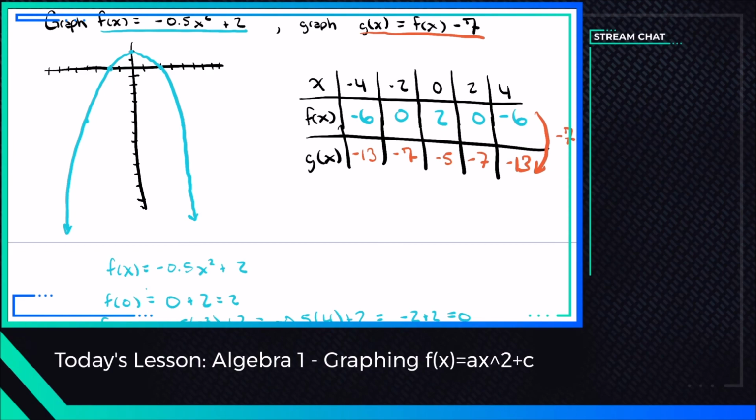So our axis has moved down 7 from this 2 to -5. Then everything else is also moved down by 7. So our 0 is at -7, and then our -6 got moved all the way down here to -13.